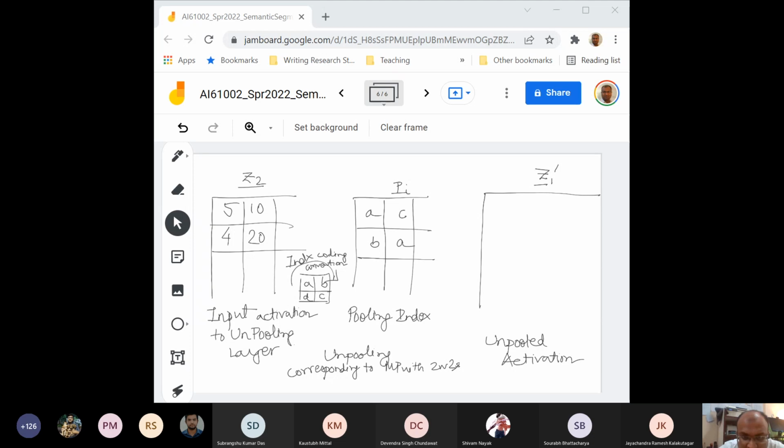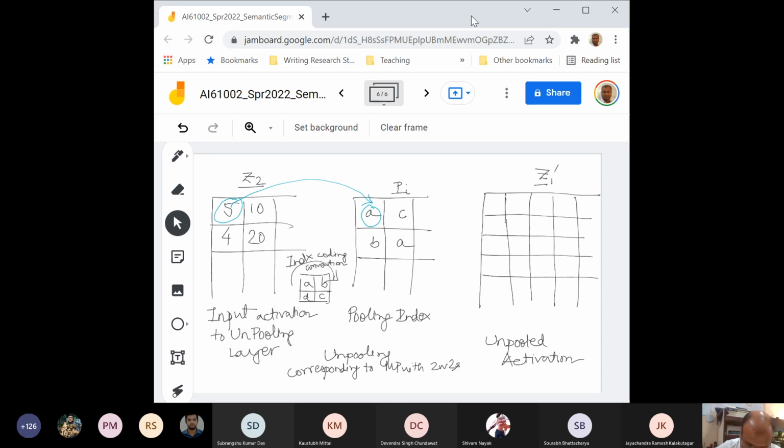So if we look at it, essentially, if we look back at it, this is going to be something like this. This one, which is 5, will go to this location A over here.